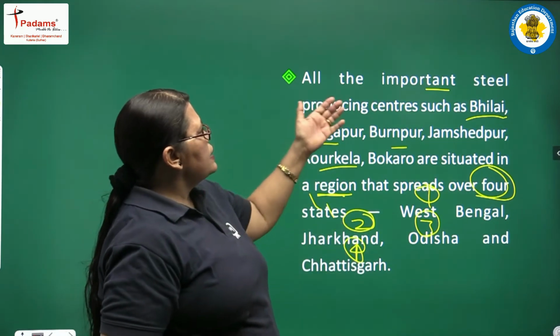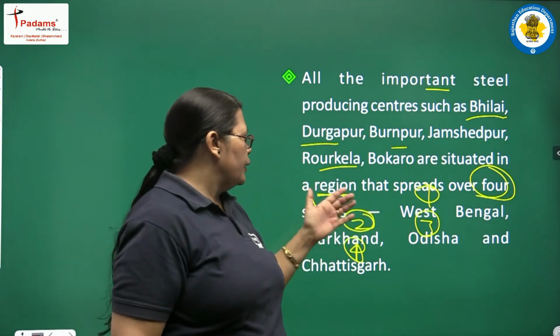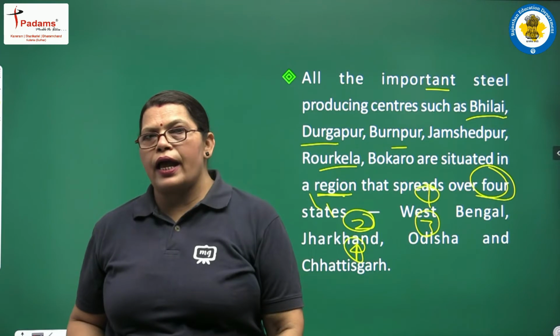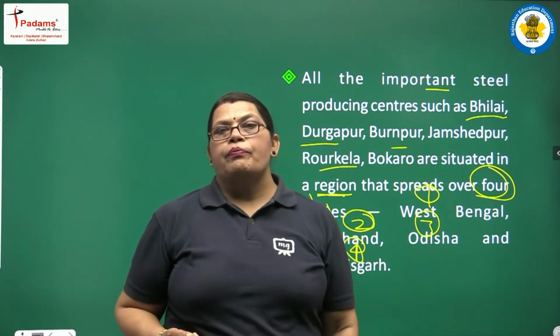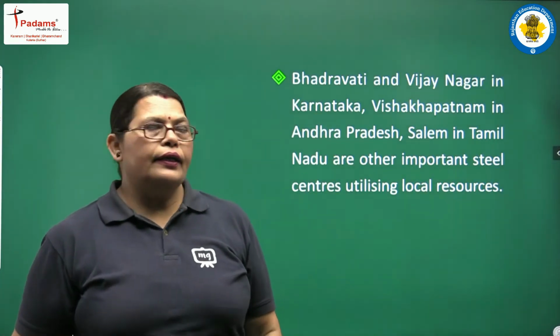So, all these steel producing centers are in only these 4 states. It means West Bengal, Jharkhand, Odisha and Chhattisgarh are the main hubs for the iron and steel industries.